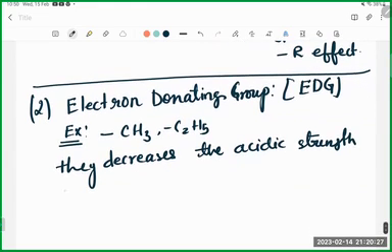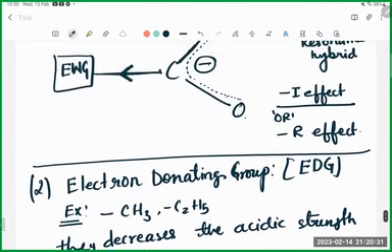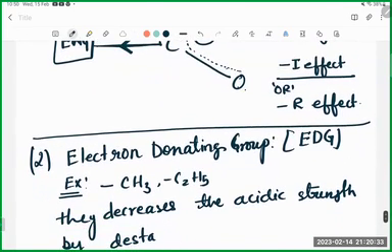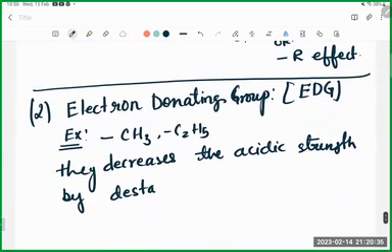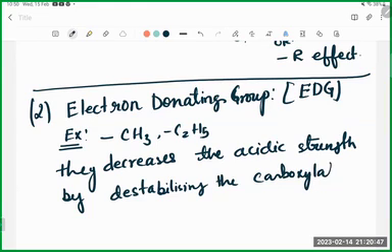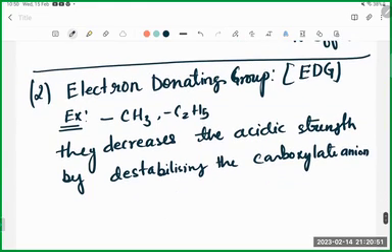How do they decrease? By destabilizing. See, they do not take the electron from the carbon. They give electron to the carbon. So they do not show the resonance structure over here. Destabilizing, the carboxylate ion gets disturbed. Clear?